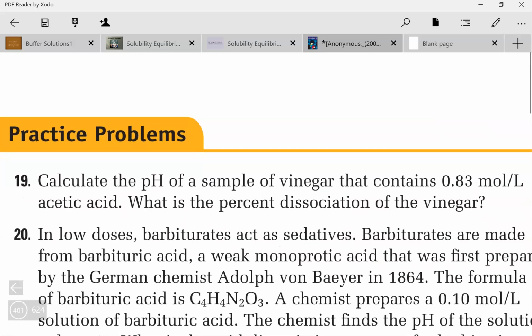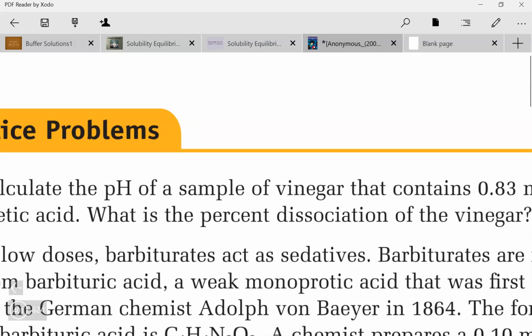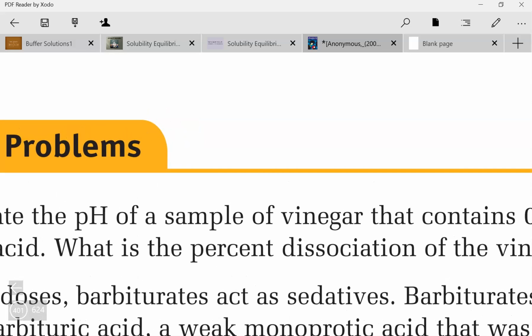So vinegar, 0.83 moles per liter acetic acid. What is the percent dissociation of vinegar? And calculate the pH. So it's a double question. We will write our dissociation equation for acetic acid.